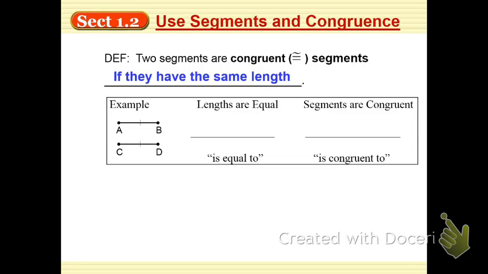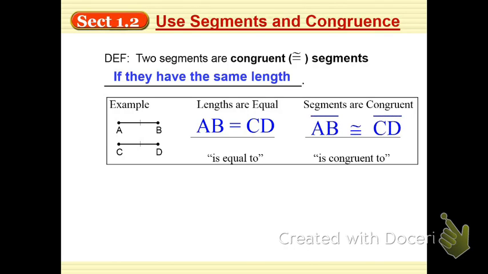To show lengths are equal, remember there's no symbol over it if it's a number. A length is a number. There's no symbol over the number. So AB equals CD. That's saying the length of AB is the same as the length of CD.